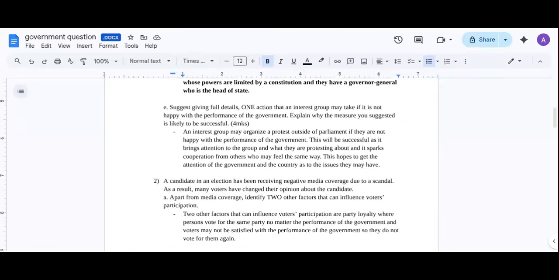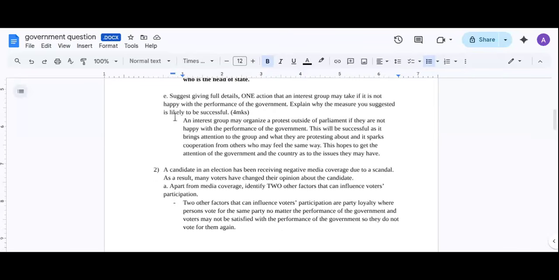So just giving full details, one action that an interest group may take if it is not happy with the performance of the government. Explain why the measure you suggested is likely to be successful. We know that an interest group is a group that unites for a common objective.